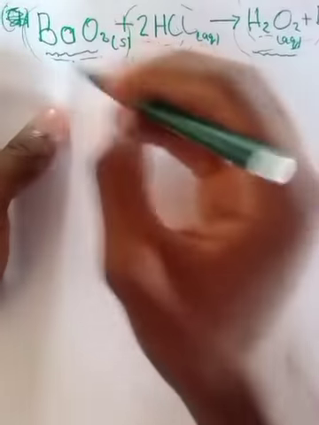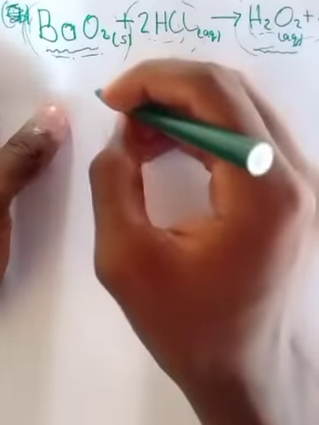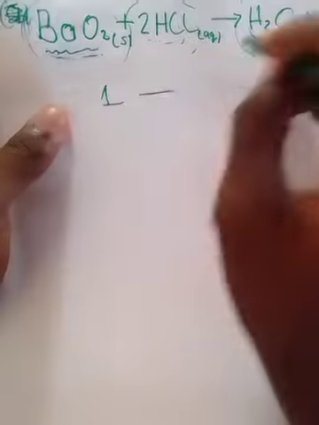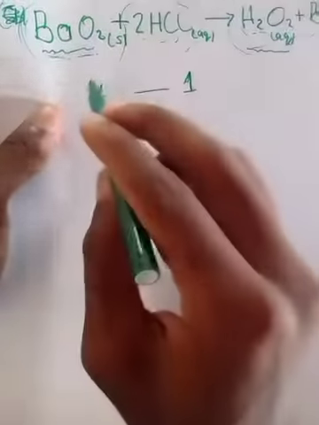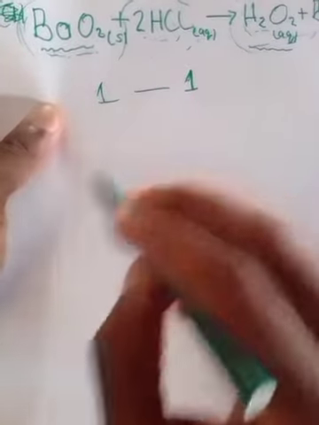Yes, very important. So now you do likewise. What's the coefficient for that one? It is 1, and the coefficient for the other one is also 1. Once you see that they have the same coefficient, just know that the number of moles for this one will also be the number of moles for that one.